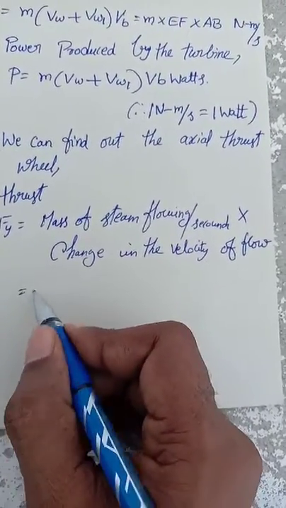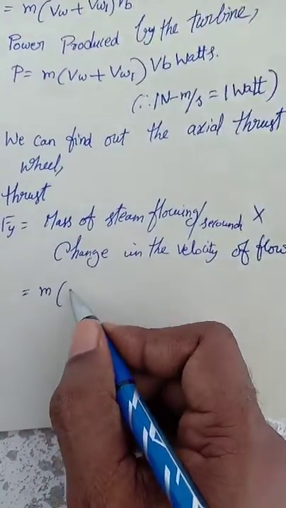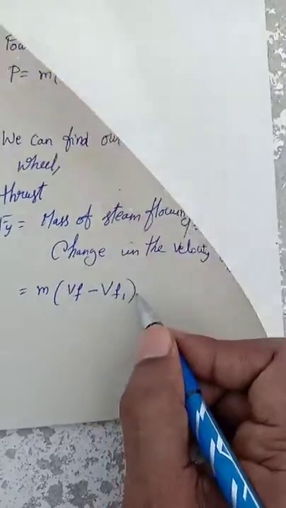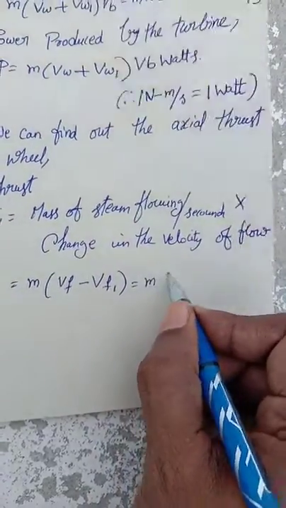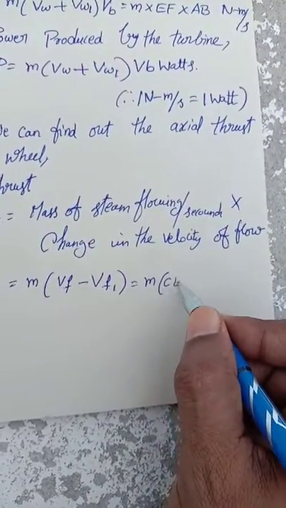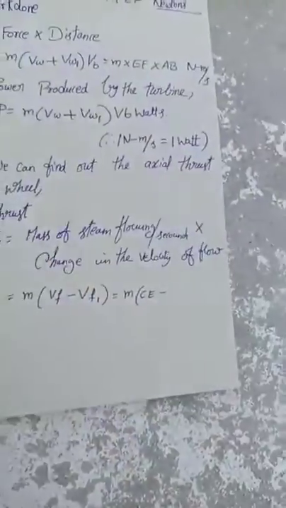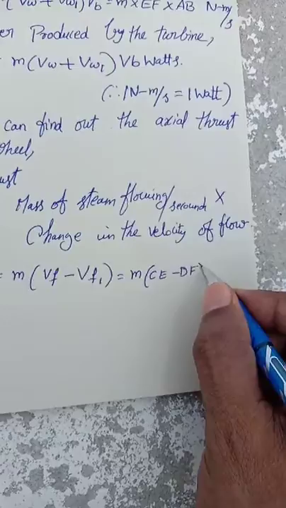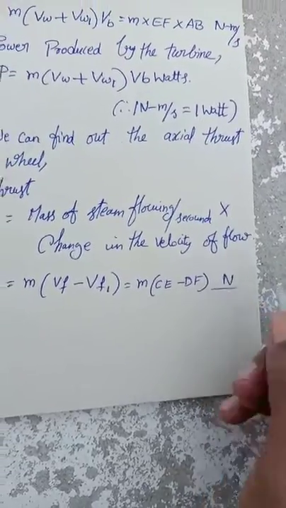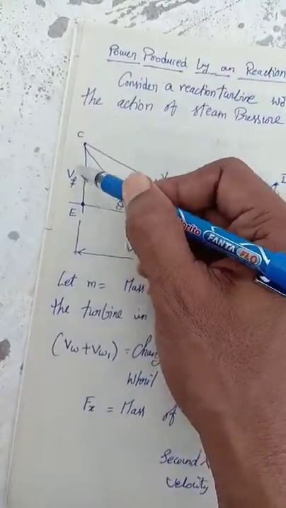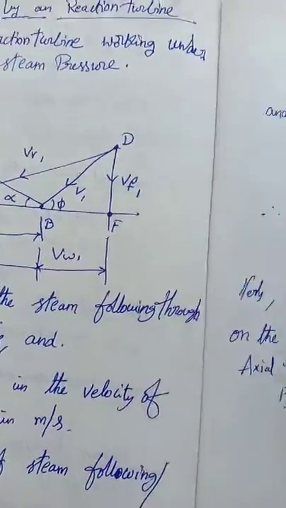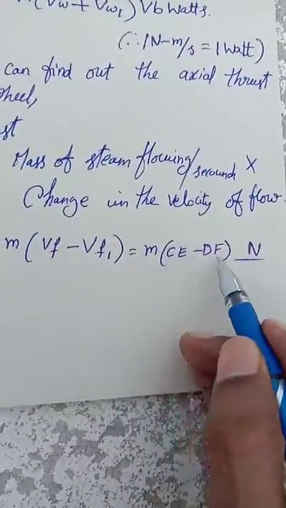So then here m into Vf minus Vf1, that is equal to m into CE minus DF. So this is newtons, okay. Look in here, Vf is CE, Vf1 is DF. I put it in here.